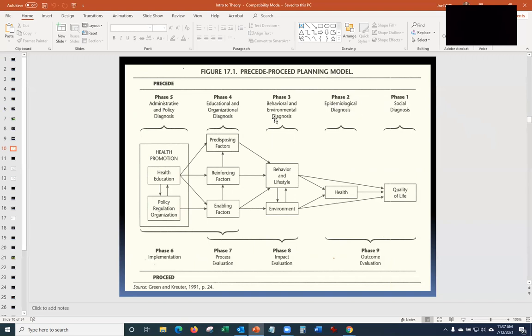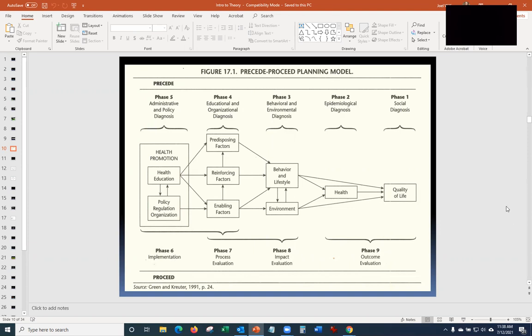And from that, we determine the behavioral, environmental, educational, organizational, and policy factors that are important related to going all the way back to social diagnosis here, the health problem that we're studying. Once we go through all those phases and we understand all of that, then we can develop and implement and evaluate our programs and interventions.